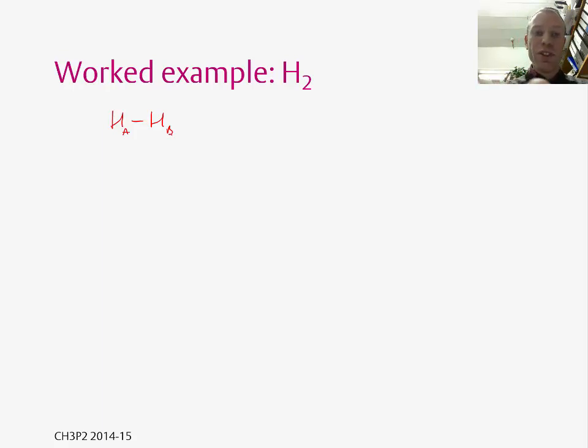So we're going to use the 1s on atom A and the 1s on atom B. Using the LCAO equation we saw on the last slide, the total wave function is going to be a linear combination of the two individual atomic orbitals.